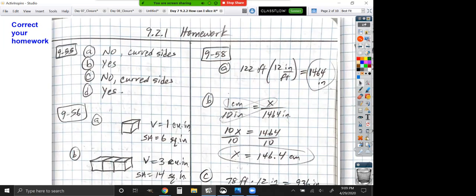So really quickly, if you want to check your homework, I'm just going to zip right through this, and then you can look at it by pausing and starting.